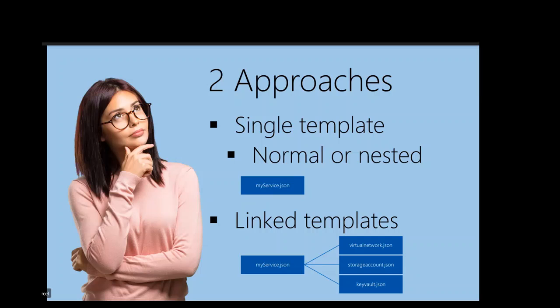So no matter if your service consists of 1 single resource or 20 resources, all that code goes into one single file. And this is fine because it makes the configuration a little bit easier because you don't have to worry about multiple files, how they are linked together. It's just one file, but of course that file will contain lots of code. So you can imagine if you describe 20 services in a single file, this would end up in a file with several hundred lines of code maybe.